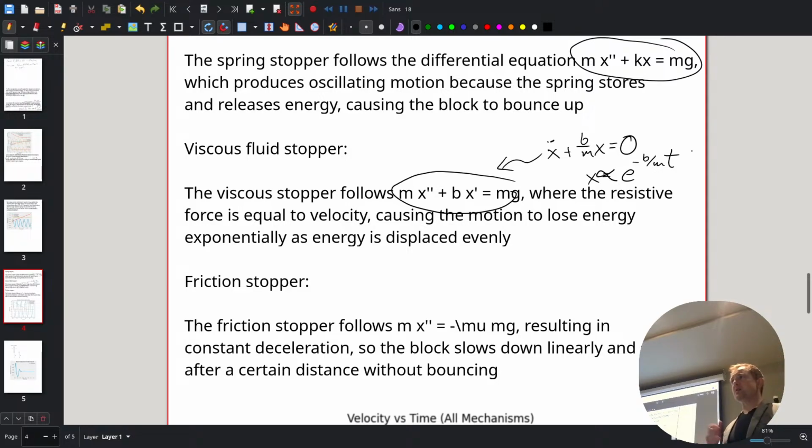In this case, we know position is going to be proportional to some exponential decay. And in this case, position is going to be proportional to sine or cosine of root k over m times t. So we know the natural frequency, and here we could report that. We could say, here's the natural frequency for that spring. Here's the time constant for this differential equation. So that's a nice way to present it and add the numbers there.